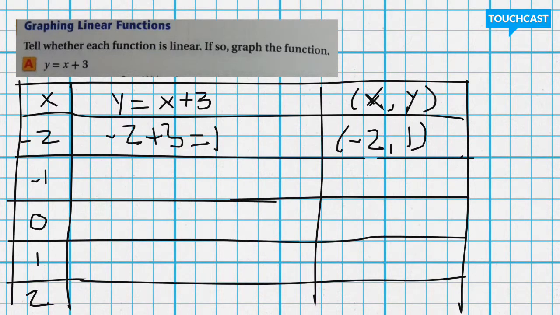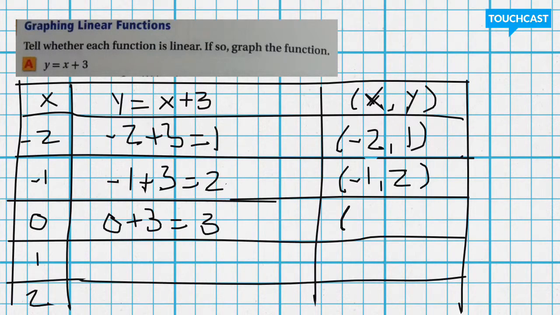Now let's do the next one. -1 plus 3. That is 2. So our next ordered pair is -1, 2. Zero plus 3 is 3.